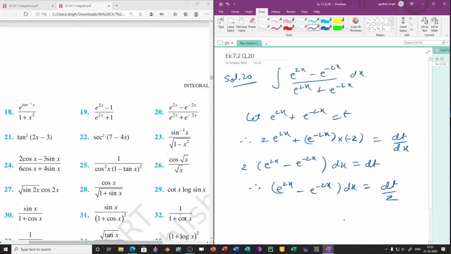So, now we will put all these values in I. This is our I. Therefore, let this be say 1, this be 2, and this is our 3.